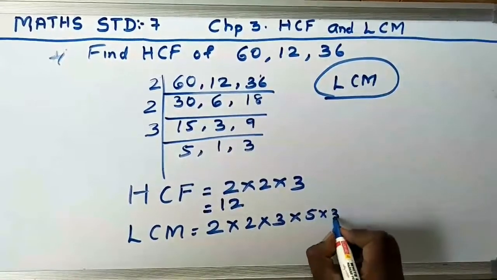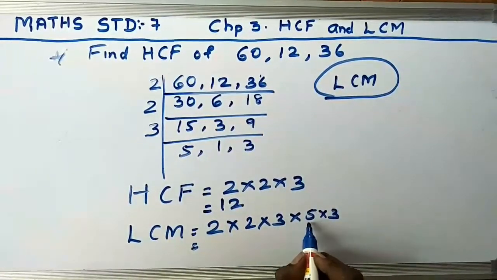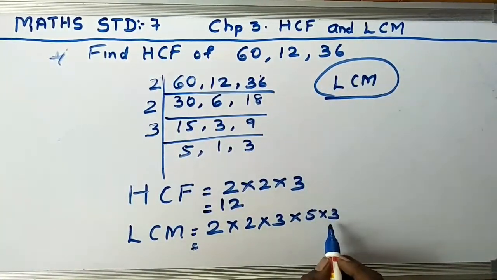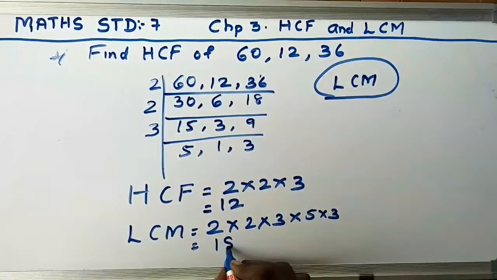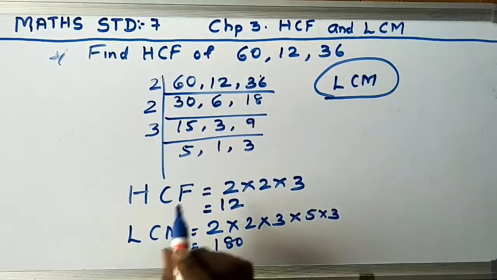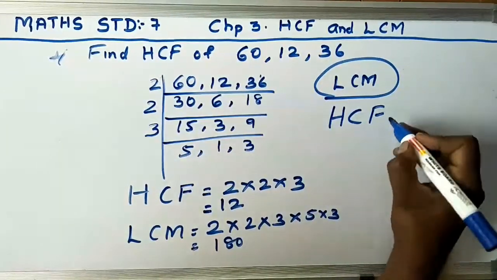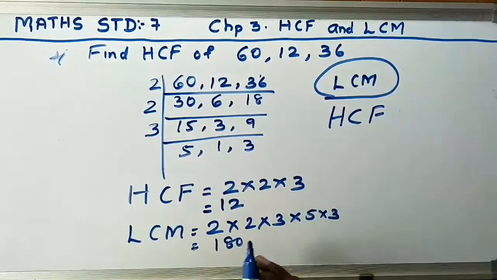That is 2 4s are 4, 4 3s are 12, 12 5s are 60, 60 into 3 is 180. So your LCM is 180 and your HCF is 12. That means in this same table, we can find the HCF as well as the LCM.